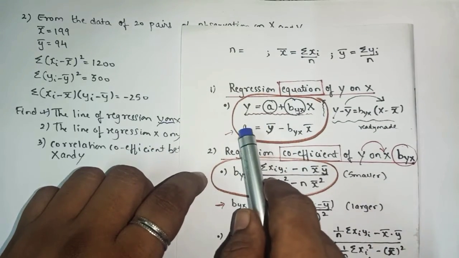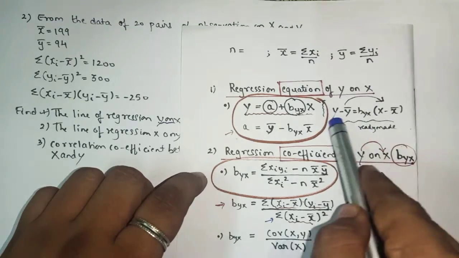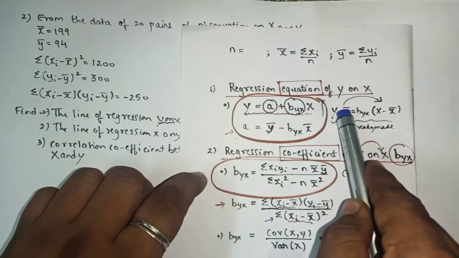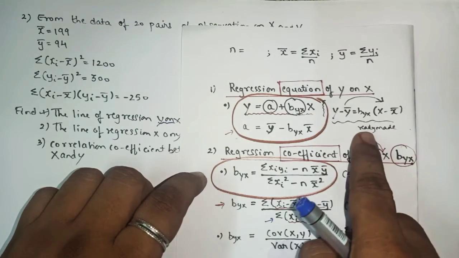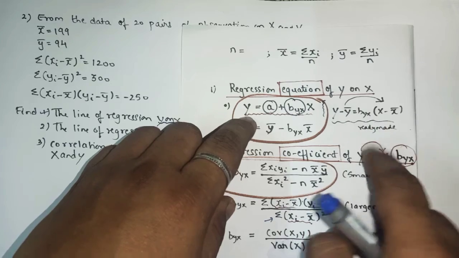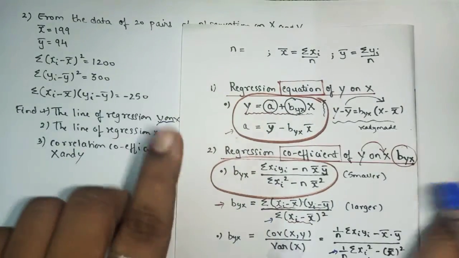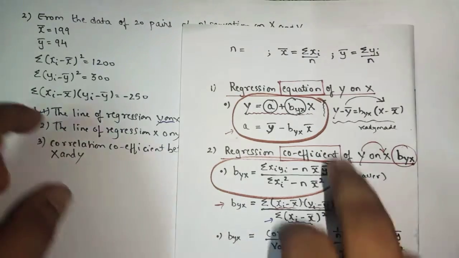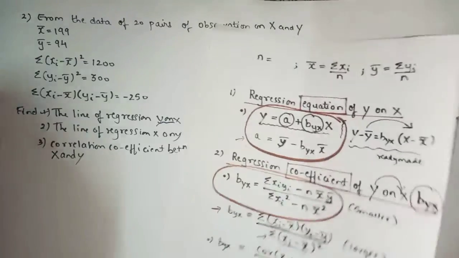In the first one, first you have to find the value of a, substitute the value, then you get the answer. Here straight away substitute the value of x mean, y mean and byx to get the answer. So for the first exercise apply this formula, and for the second one this. Here you can apply this one also, the answer remains the same, but I will stick with this formula for this exercise.